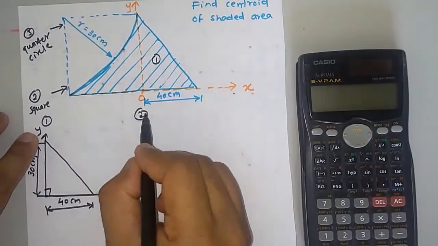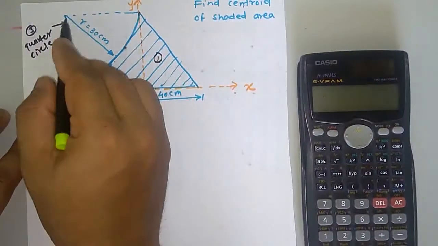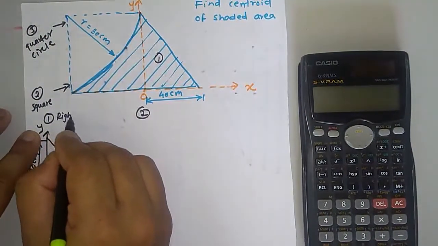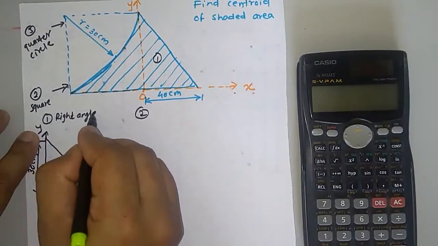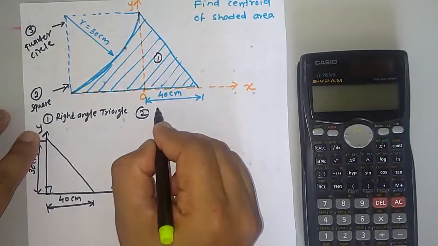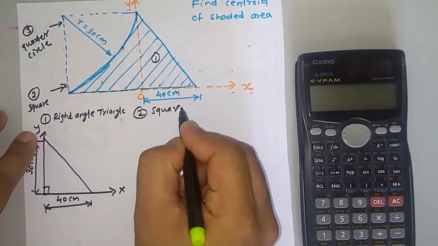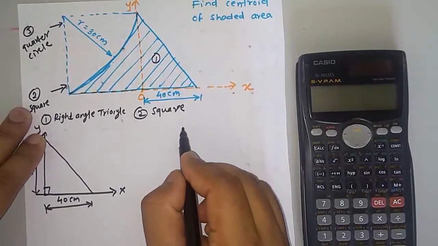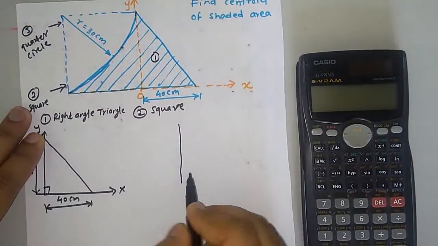Now the second part. What is the second part? The second part is the square. So first is the right angle triangle, second part is the square. Now draw the square with respect to the axis.